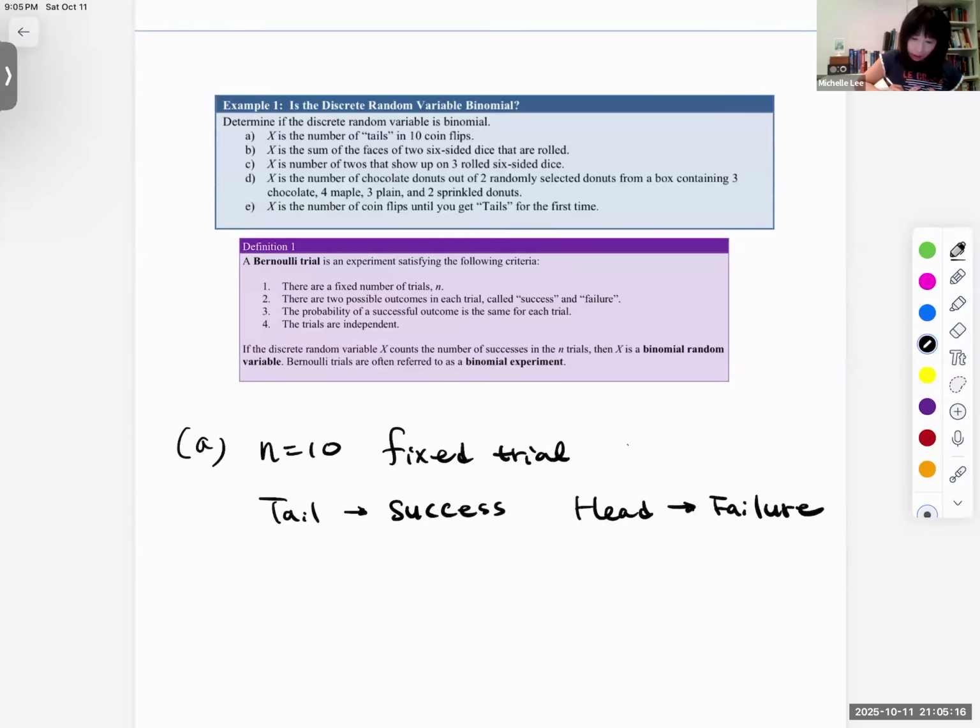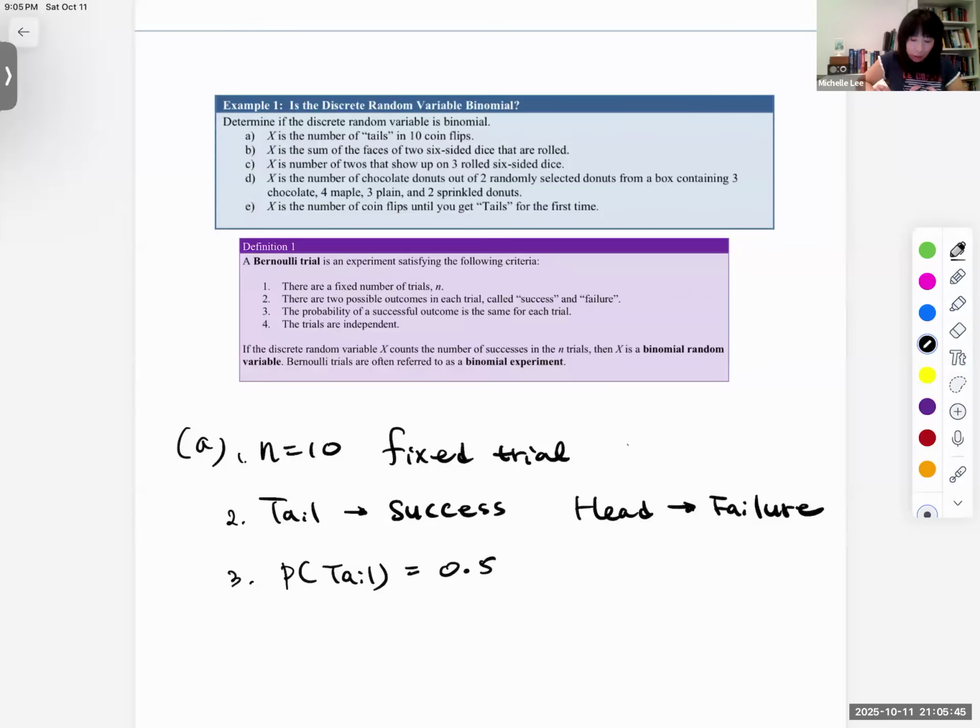Okay. Then number 3, the probability of a successful outcome. So in that case, what's the probability of getting tail? We know 0.5, which is 50%, right? For each coin flip, right?